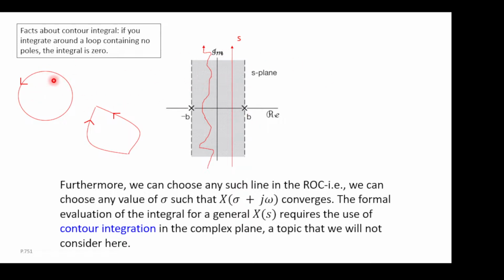So the fact about contour integrals is, if you have a contour on the complex plane, and you have a loop, maybe like a circle like this, then the integration value depends on how many poles you circle in your loop. If you have some pole inside, then you will get some value. But if you have no poles inside, then the integration will be 0.